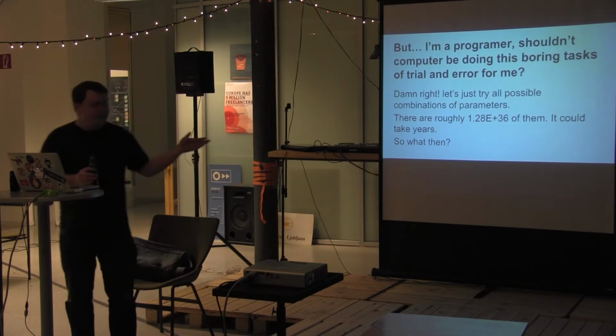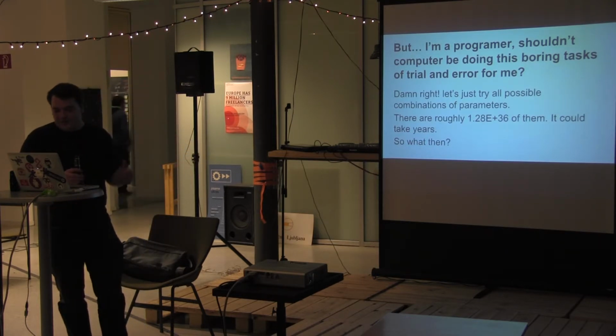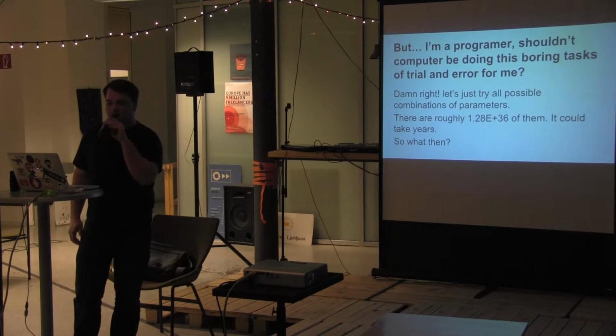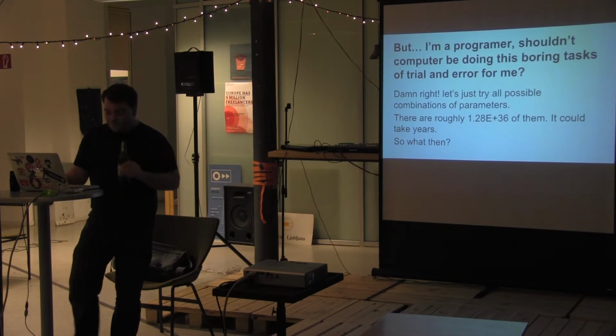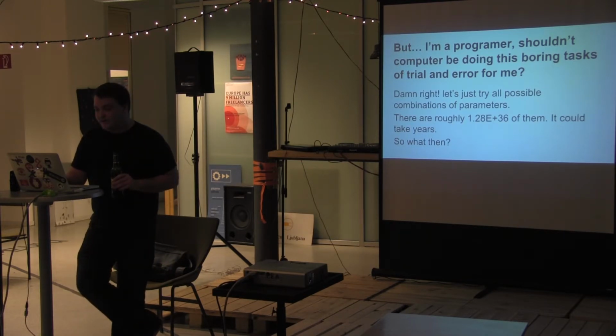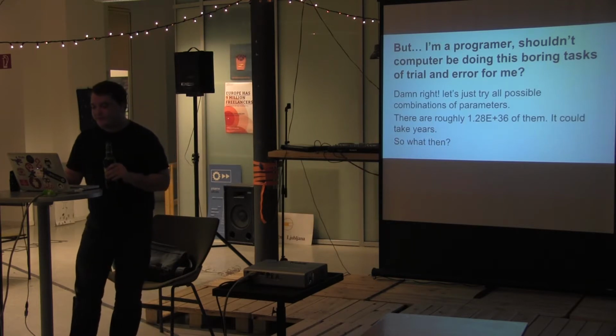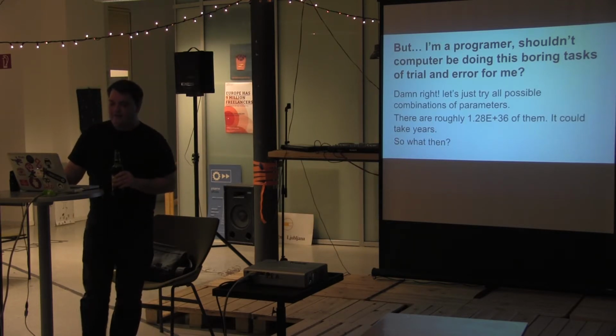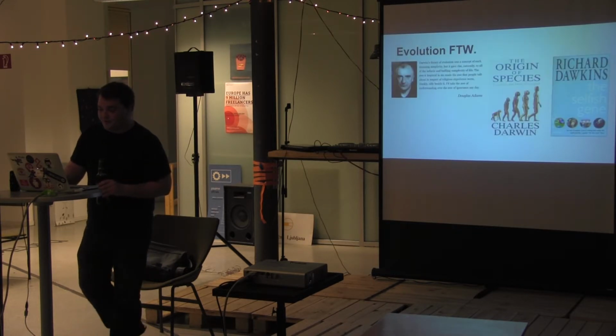But as you have seen from the parameters list, it would take years, I guess. So I decided, I had read before about evolution programming, to do it this way, with the use of evolution.